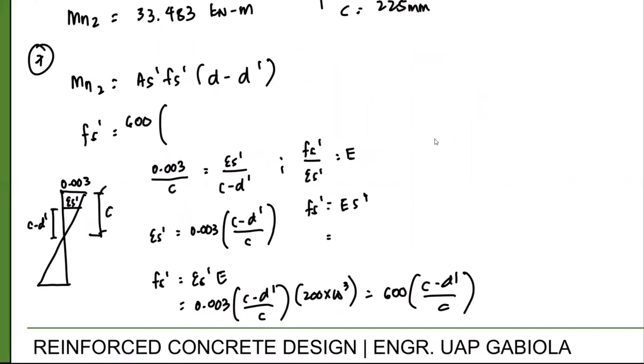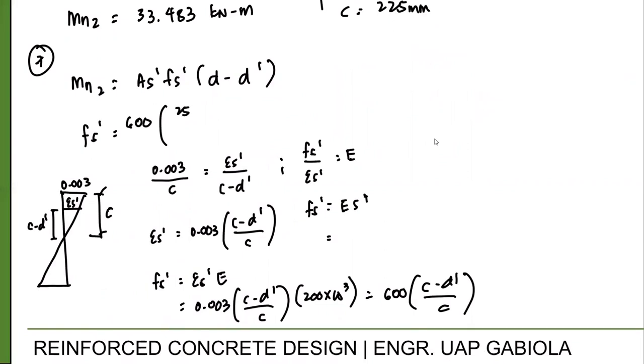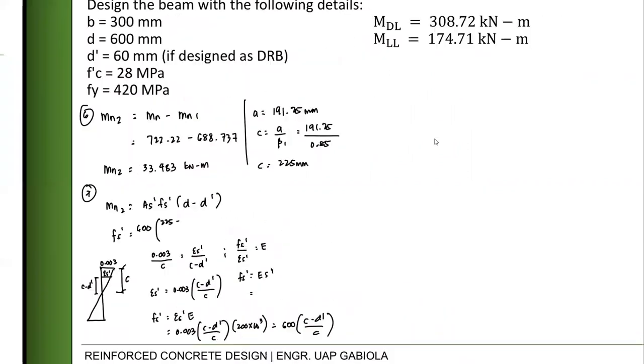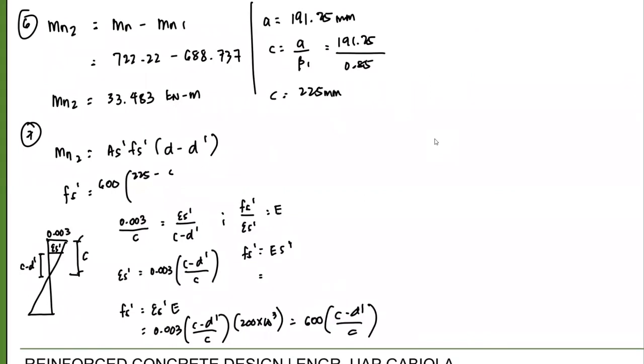Okay? So, dito, 225 minus D prime natin ay 60 all over 225. Our Fs prime is now this is 440 megapascal.